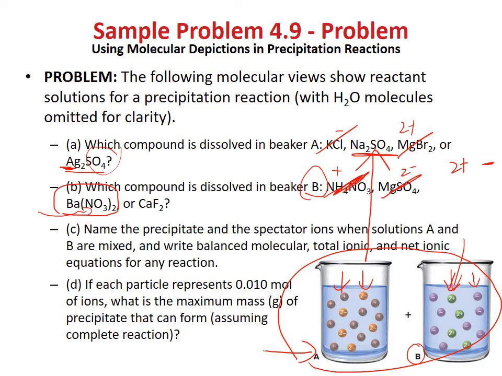Calcium fluoride is insoluble, so this is not correct, because although most fluorides are soluble, the exceptions are group 2 metal cations. Calcium is one of them. So our choice for B is barium nitrate.